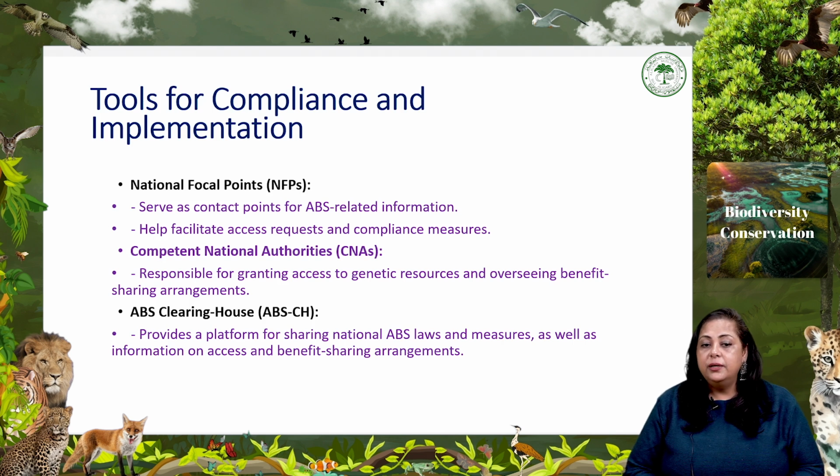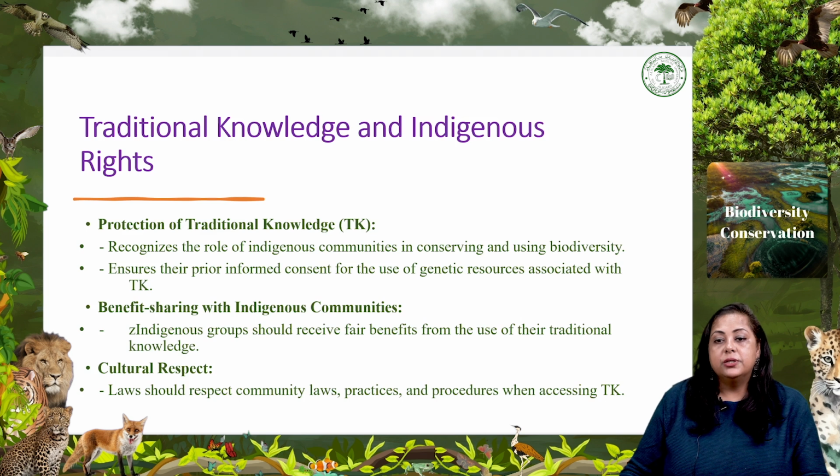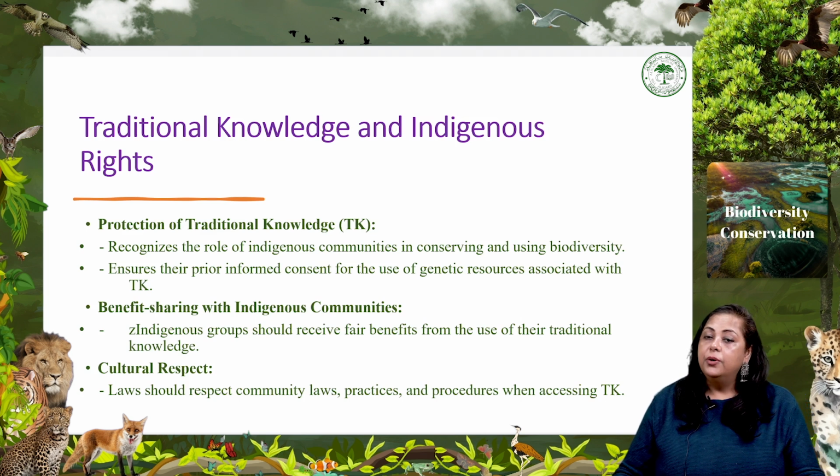Competent national authority is responsible for granting access to genetic resources and overseeing benefit sharing arrangements. And ABS clearing houses provide a platform for sharing national ABS laws and measures as well as information on access and benefit sharing arrangements.